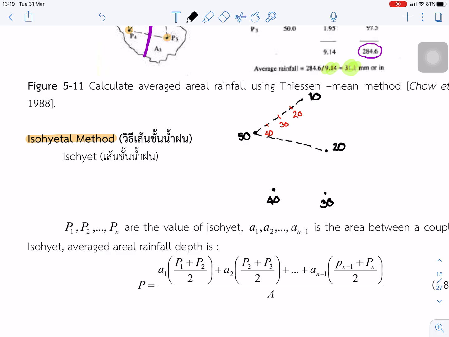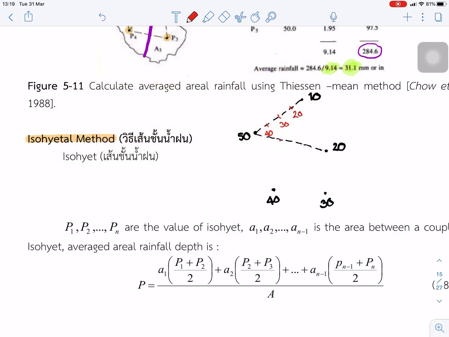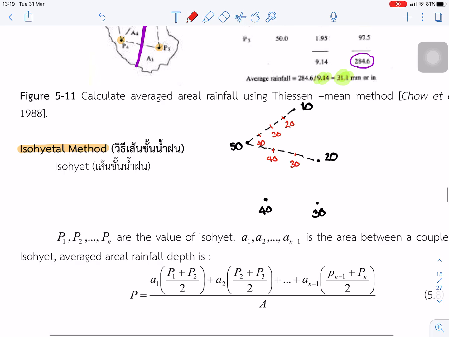Now the difference is 30. So 20, 30 and 40.